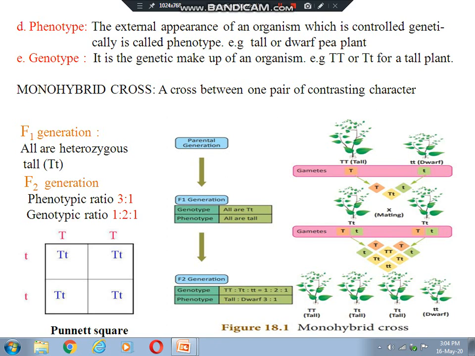That is why from outside all plants will be tall, but they are not pure tall. They are heterozygous tall because they also contain the recessive gene. Then Mendel again selected two plants from the F1 generation, that is two plants having heterozygous character. Two heterozygous plants were selected and again crossbred.